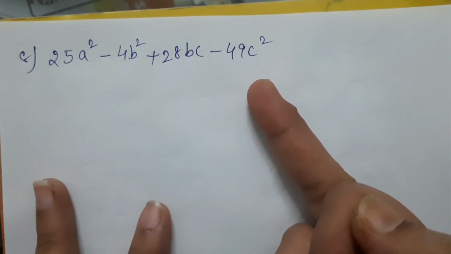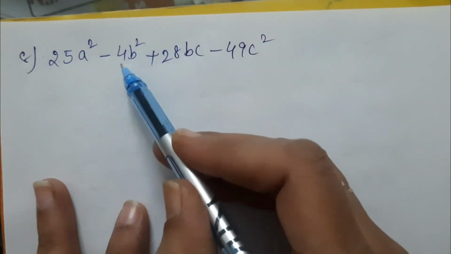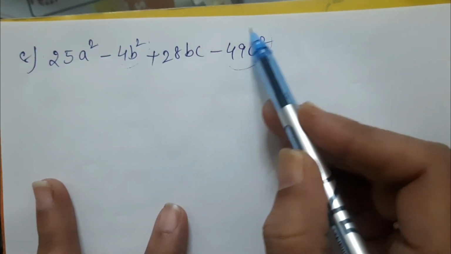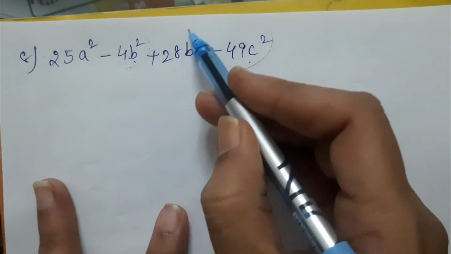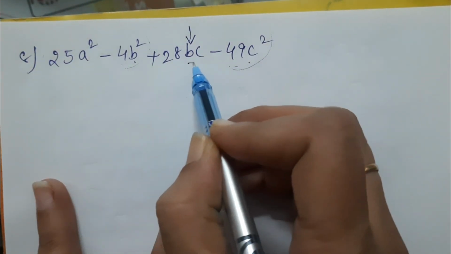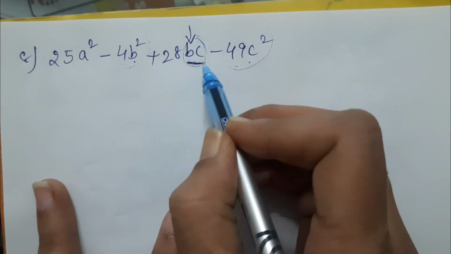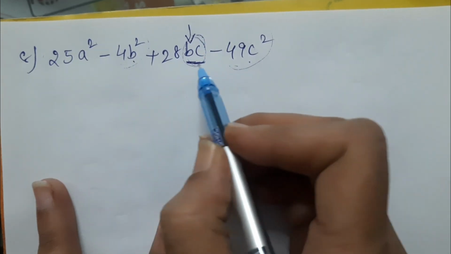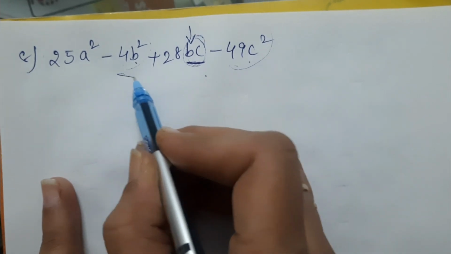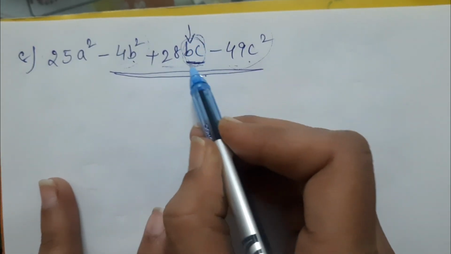For this we need to see where is 2ab. 25 is 5 square, 4 is 2 square, 49 is 7 square. All these are square terms. So here we are having 2ab, which is represented by b and c. This will give information about which terms to be taken as whole square. So we will make the whole square of this whole term.